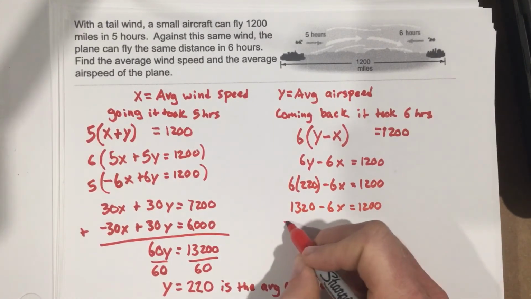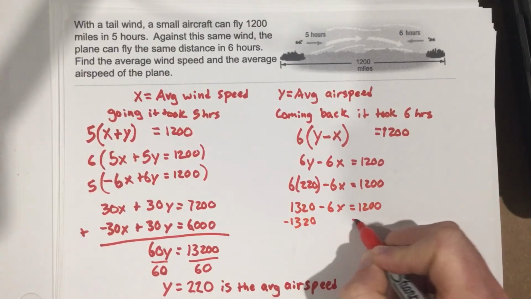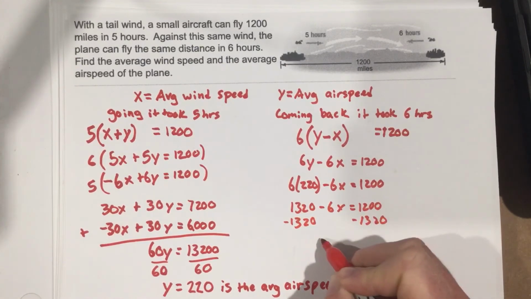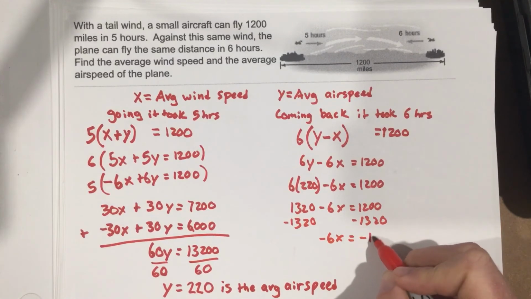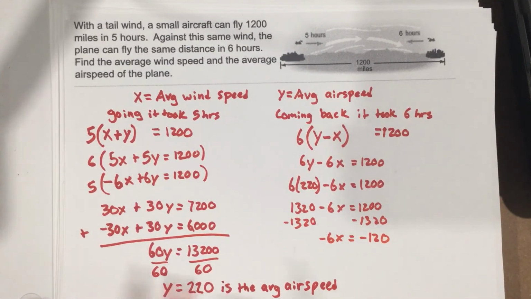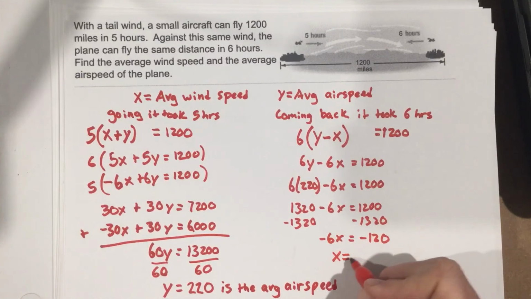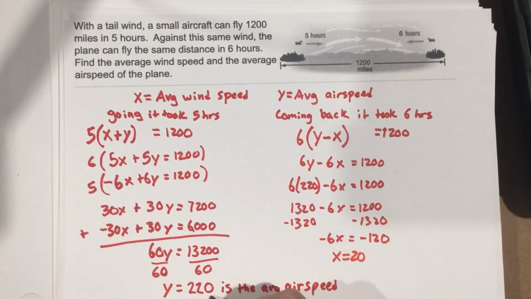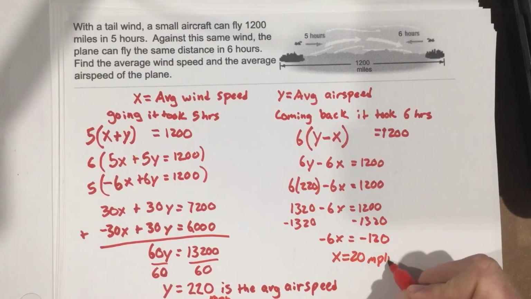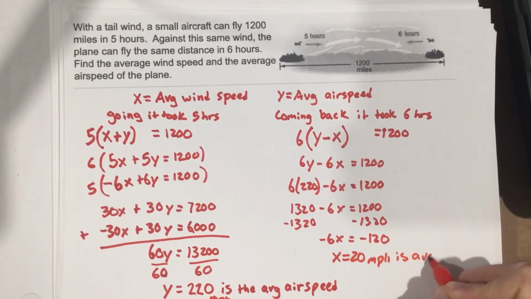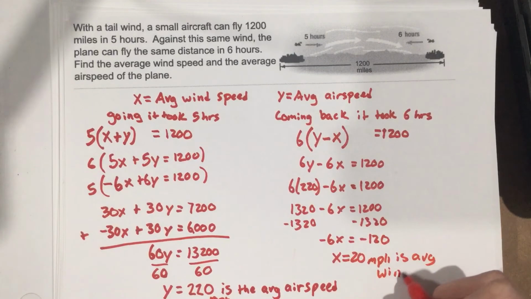Subtract the 1,320 over, and we get negative 6x equals negative 120. Divide by negative 6, and we get 20. So x equals 20, and this should say mph. 20 miles per hour is the average wind speed.